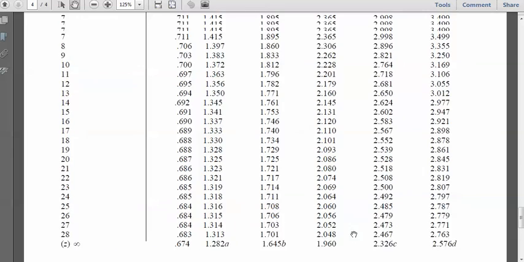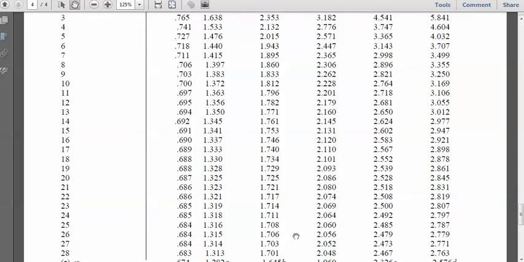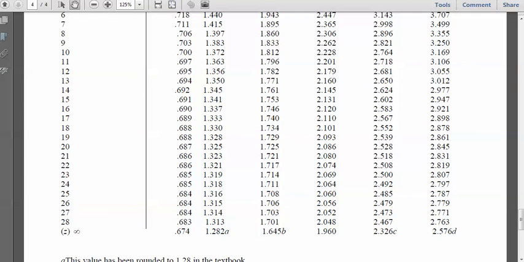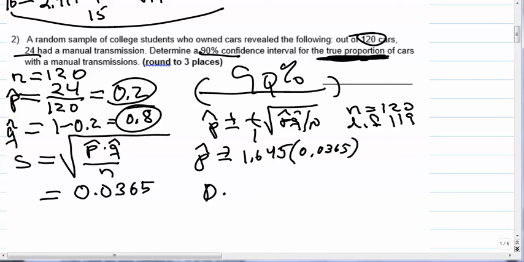So for a 90% confidence interval, it should be this one right here, okay? It's 1.645. So we know t here is 1.645. If I multiply this by 0.0365, p hat plus or minus this is 0.2 plus or minus 0.0601.